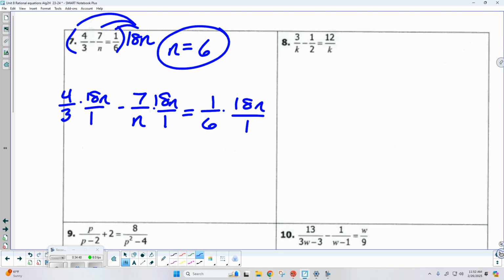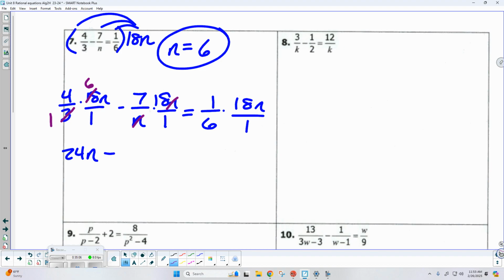Okay. Well, let's take a look over here. So 3 and 18 will simplify. That's 1. It'll go into 18, how many times? 6. So what's 4 times 6n? So that's 24n. Minus, well, here only the n's are going to cancel.